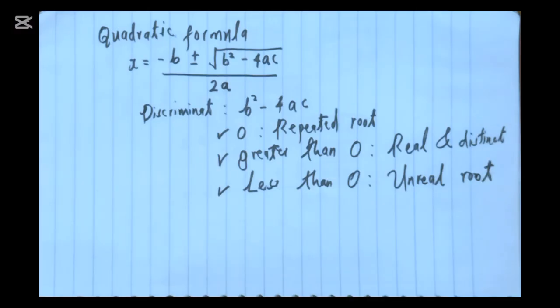Whenever we find that a quadratic equation has a discriminant less than 0, we just state that its roots are not real, and we don't solve for those at this level.